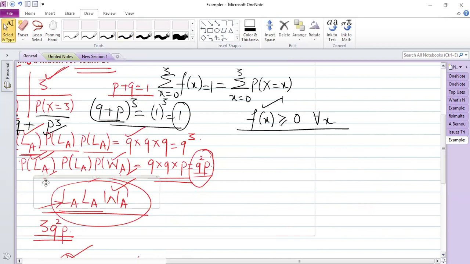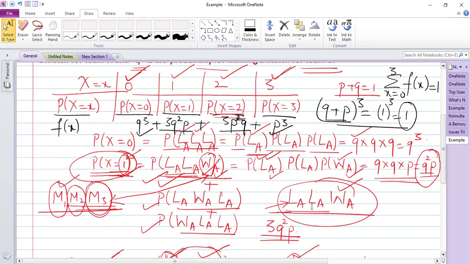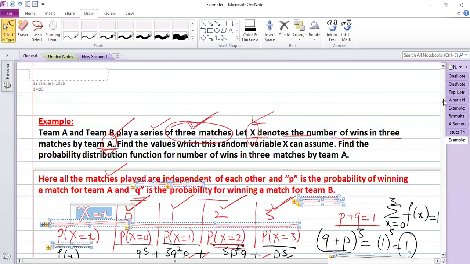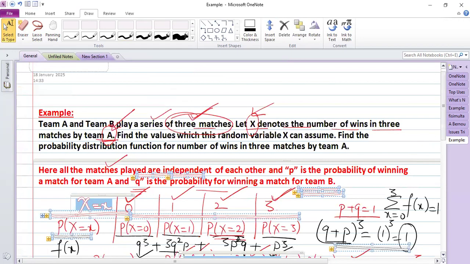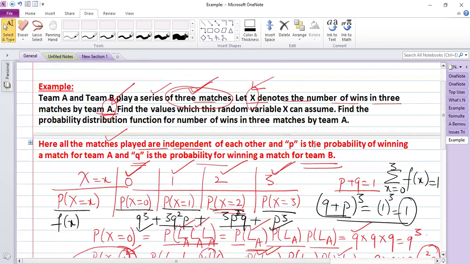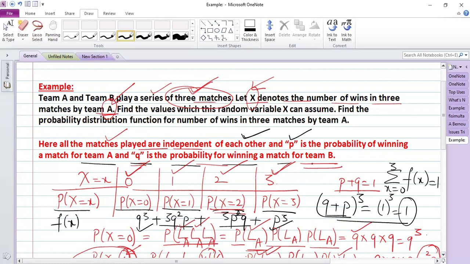Now, if in the question nothing is mentioned about the probability of winning for any team, for example, here I have mentioned that P is the probability of winning a match by team A and Q is the probability of winning a match by team B. If no such mention is there, then by default we will take P and Q both equal to half.